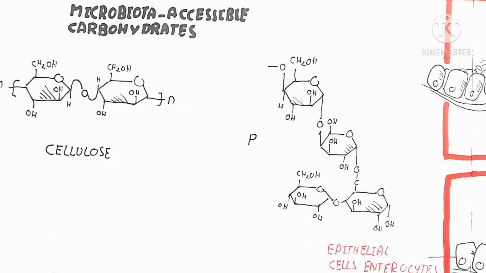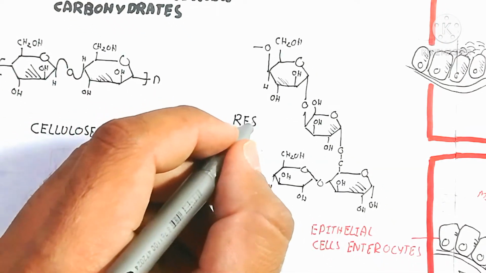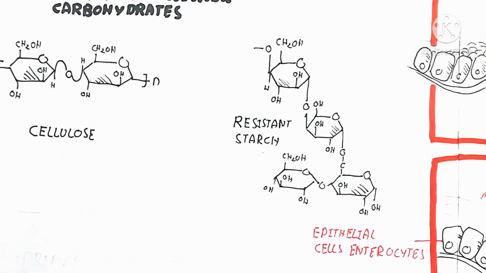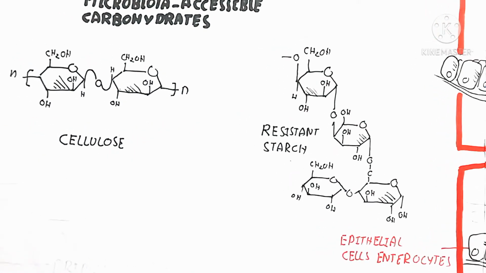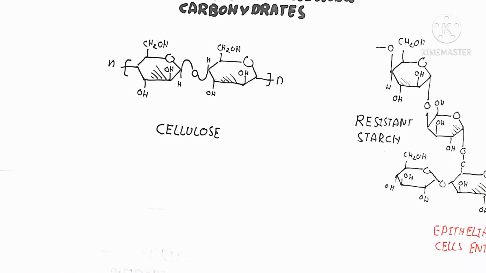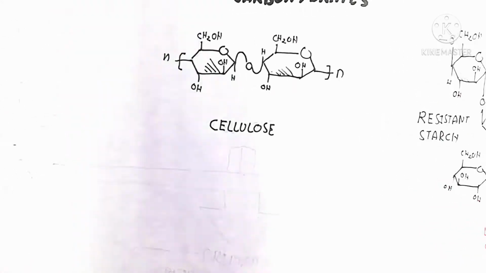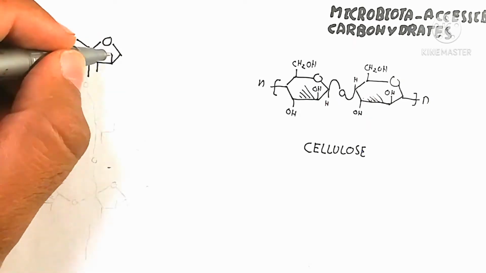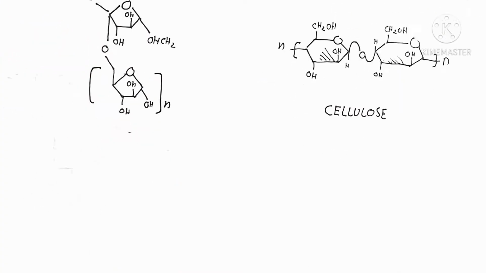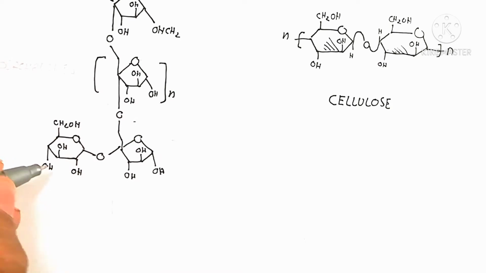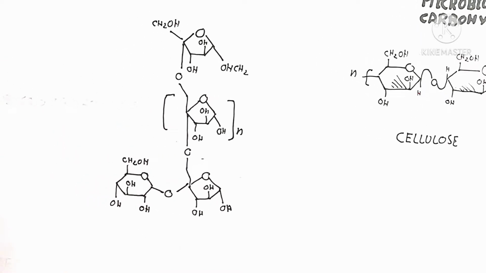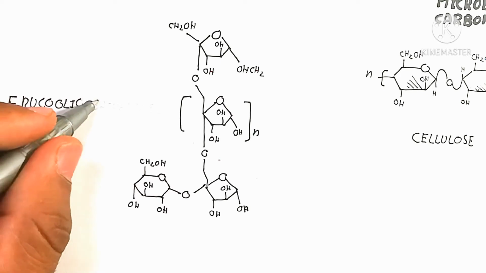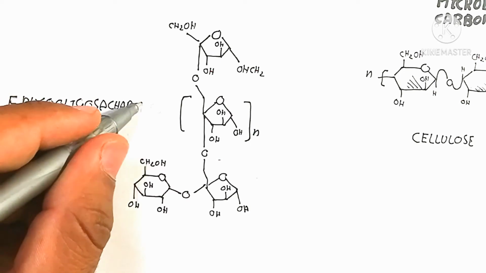Resistant starch means a number of sugars attached by alpha and beta glycosidic bonds, and that complex molecule is not digestible because the enzymes to digest it are not present in our body.